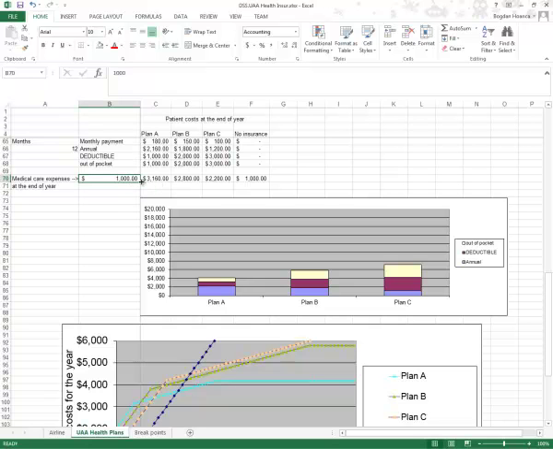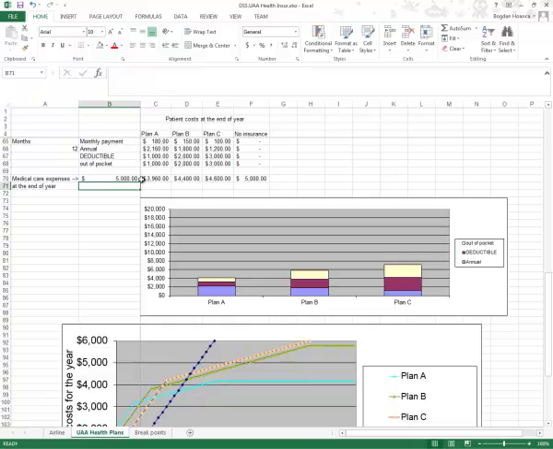Let's assume that the patient goes even more to the doctor in a particular year and is billed $5,000. Notice what happens. The patient has met the deductible, has met the out-of-pocket, and in this case is a little bit better off having insurance, because even under plan A, the patient only pays out of pocket $3,960, out of which $2,160 would be the monthly charge, annualized over 12 months.